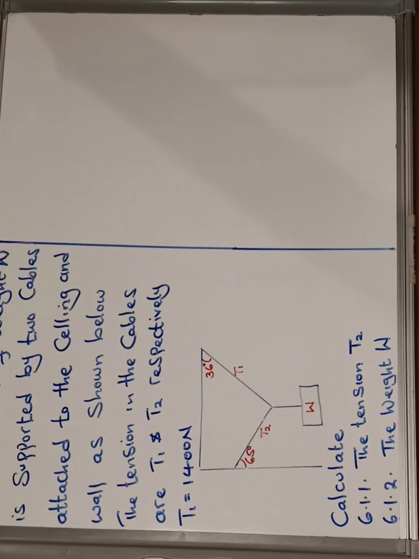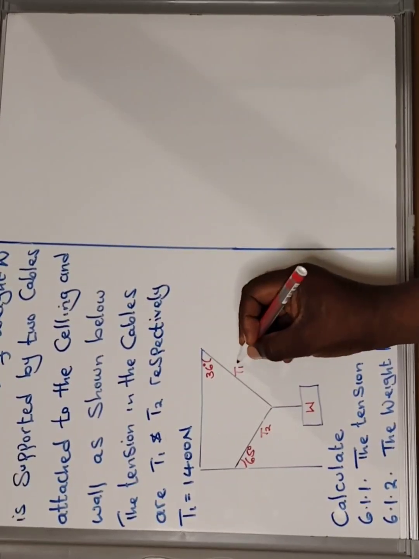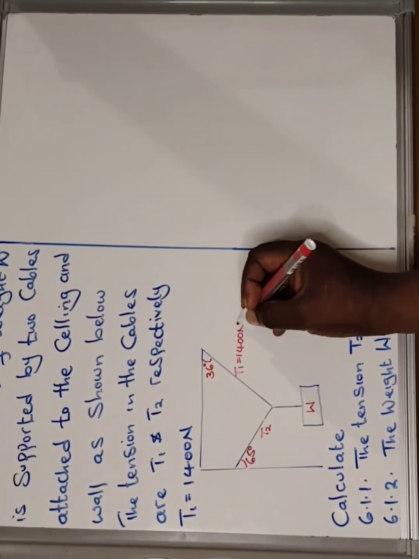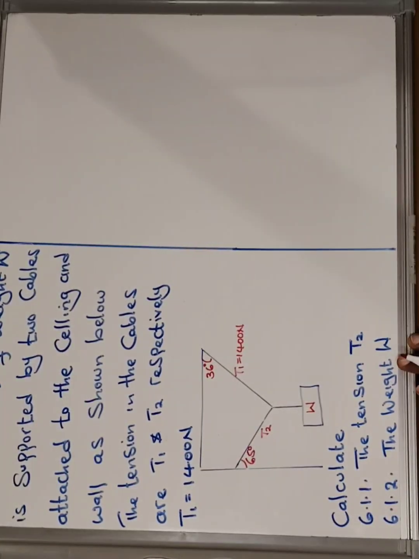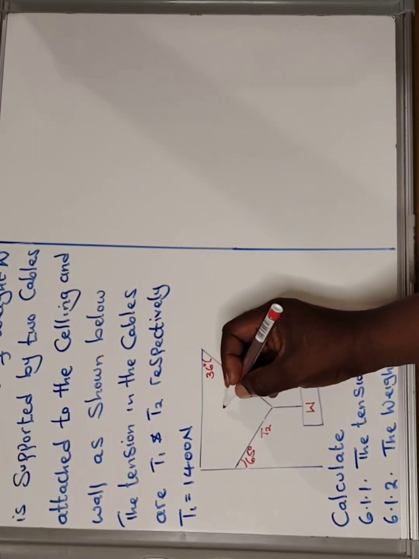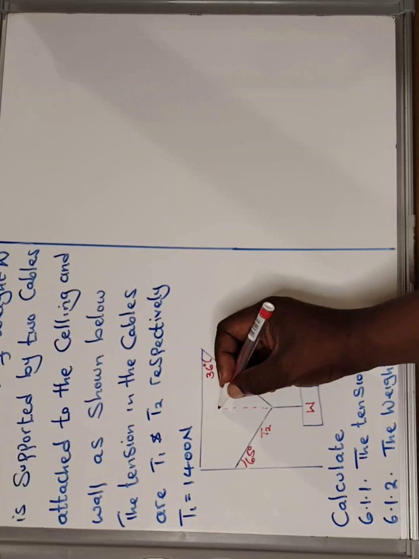And how do we go about this? Okay, this is our T1 and it's known it is 1400 newtons. So what do we do under this circumstance? There are so many ways, but let us apply some simple geometry here.